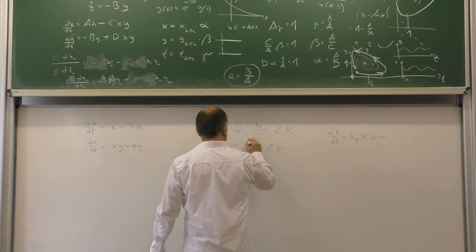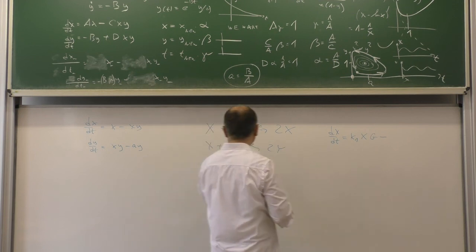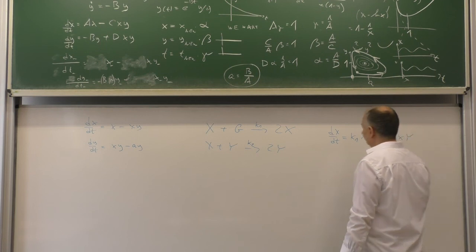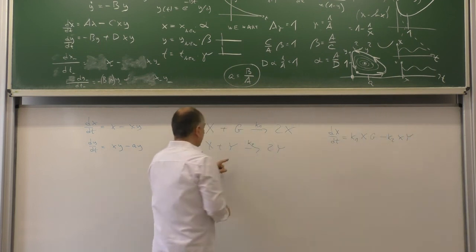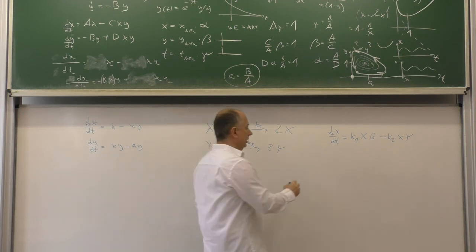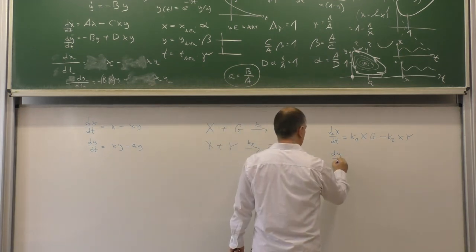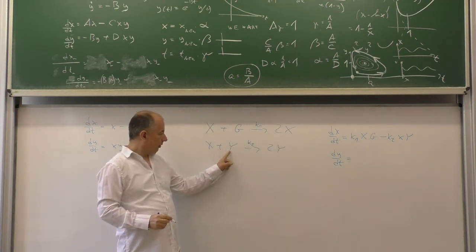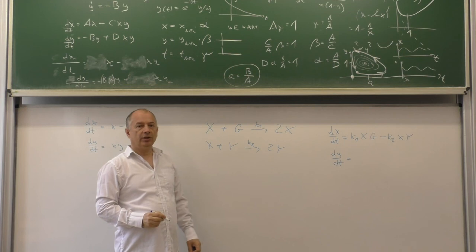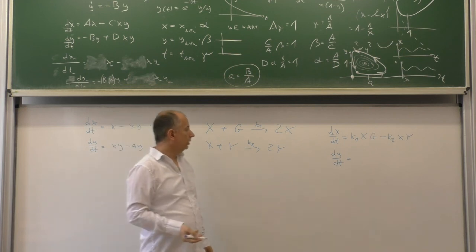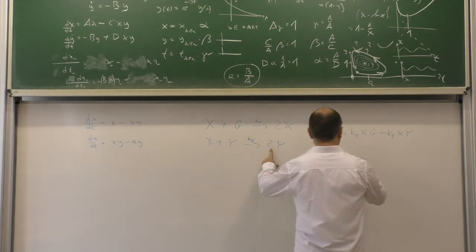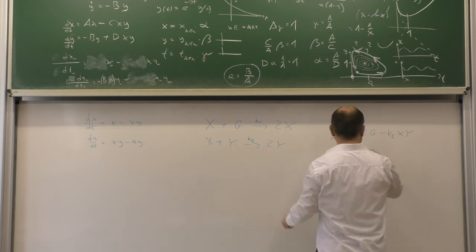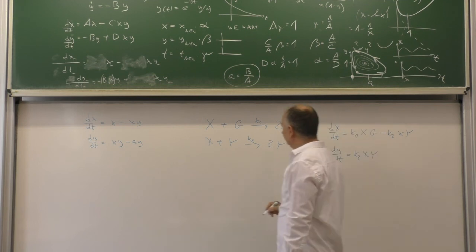If we denote the constant K2, then this is minus K2 times X times Y. And the concentration of Y changes with time. And here, from one molecule, two molecules are generated, so one new molecule appears. So we have plus K2 times concentration of X times concentration of Y.